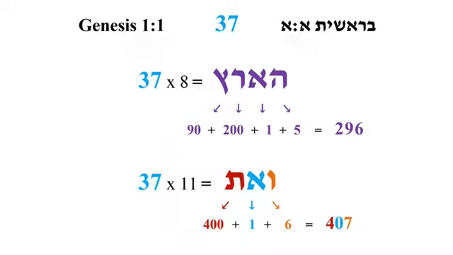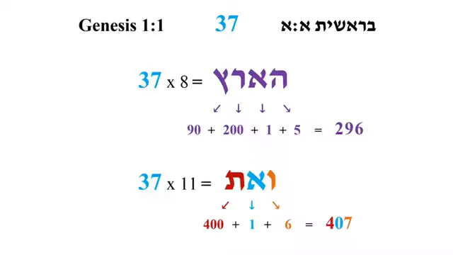Okay? And because he likes the 3s and he likes the 7s, he also puts them together. And you get things that he does with 37s. In fact, there's so many 37s, you're going to see more tonight. But just to refresh you, last time, the last word of Genesis 1:1, haaretz, adds up to 296, which is 37 times 8.